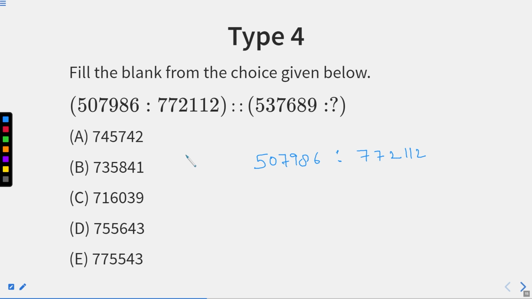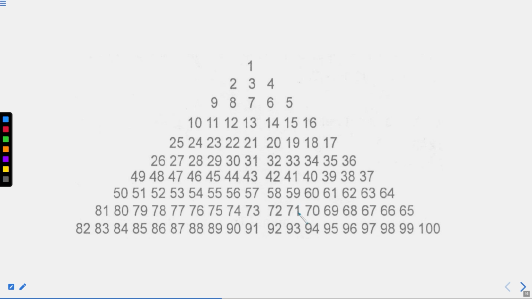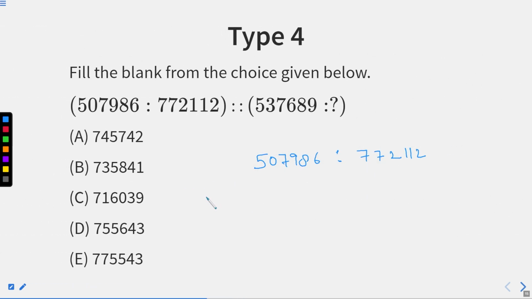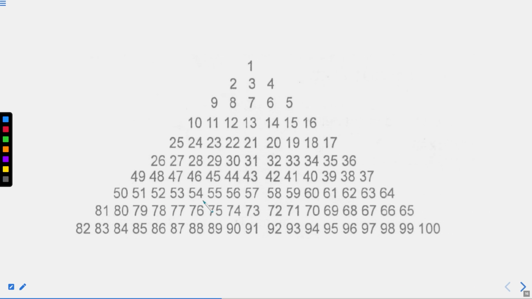Now this number is converted into 772112. Where is 77 right now? Here it is, 77 and 12, but we are not getting anything. So how are we supposed to get to this part? 772112, they are there: 77 is here, 21 is here, 12 is here.